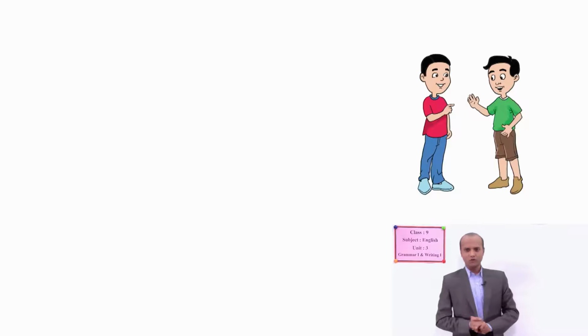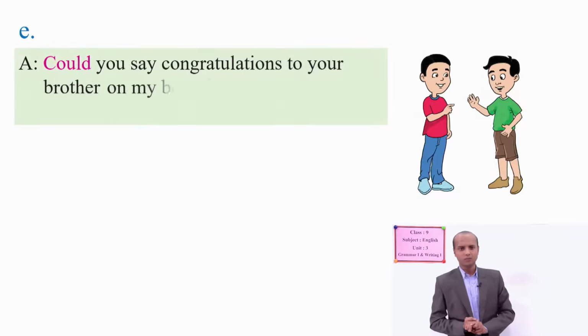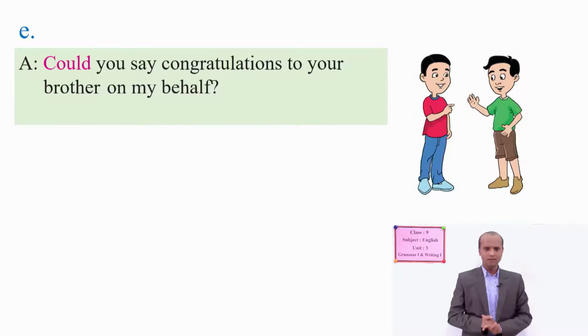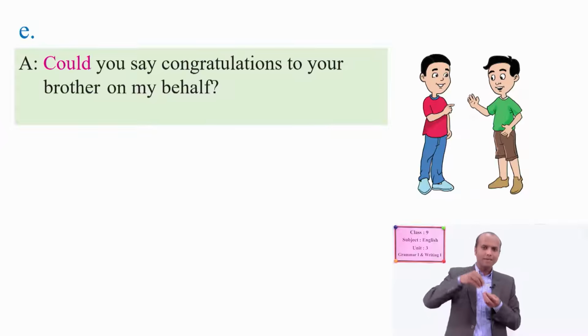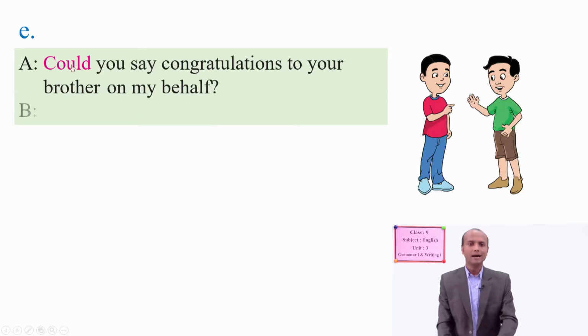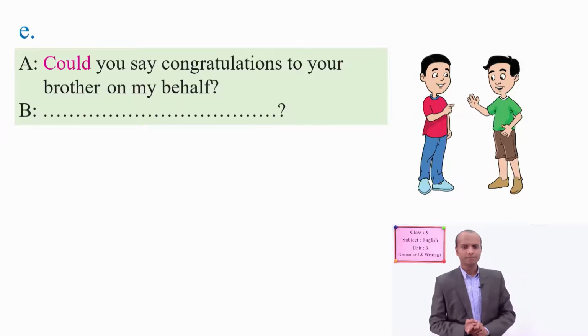Let's look at another picture there. Two boys talking there. Can you guess the dialogue there? What is going on between them? Fine. So A says, could you say congratulations to your brother on my behalf? It means I cannot say it to your brother, so would you pass my message to your brother? Got it? So there you can see could is highlighted. Now you have to fill in what should be there. Can you guess?